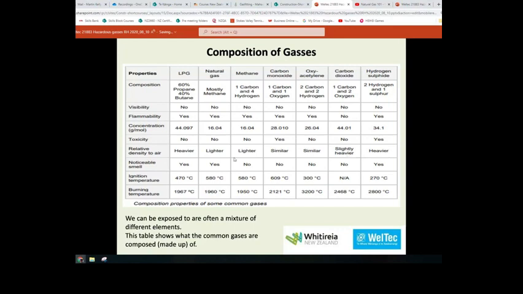So heavier than air gases are dangerous in low-lying areas, like a drainage excavation. They're likely to build up there, potentially displacing oxygen, which can cause asphyxiation or suffocation, because you don't have the oxygen to breathe. Also, hydrogen sulfide is a toxic gas, so if you're breathing that instead of oxygen, it can poison you as well.